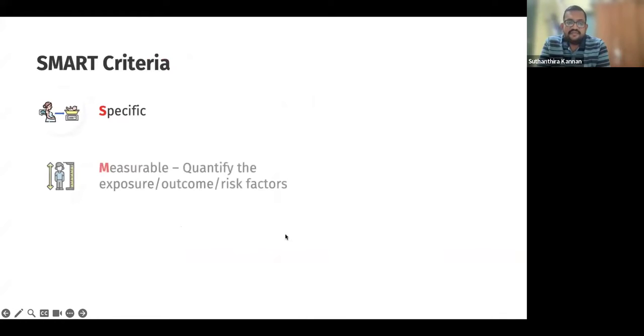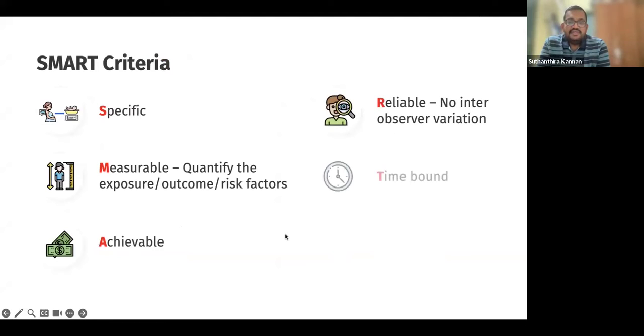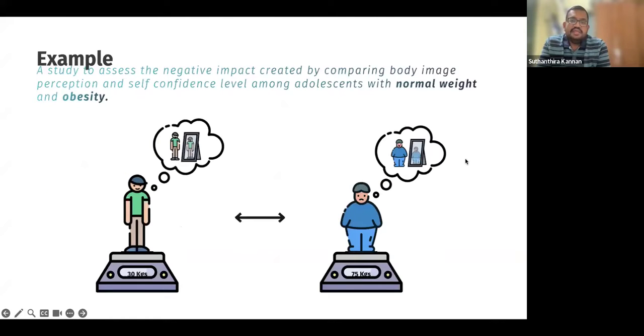It should be specific, measurable, achievable, reliable, and time bound. So example: a study to assess the negative impact created by comparing body image perception and self-confidence level among adolescents with normal weight and obesity. Can anybody tell whether it meets the SMART criteria?